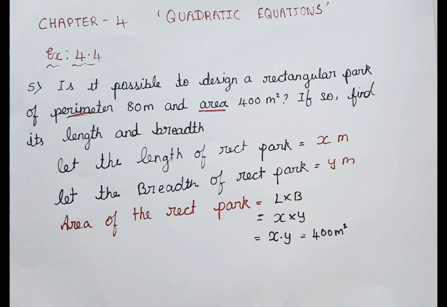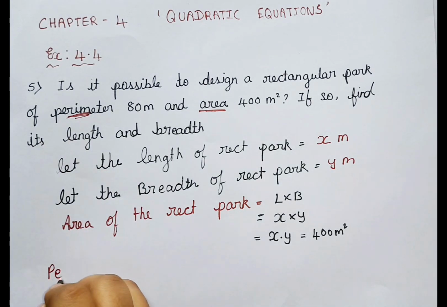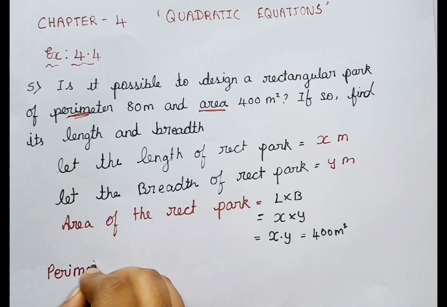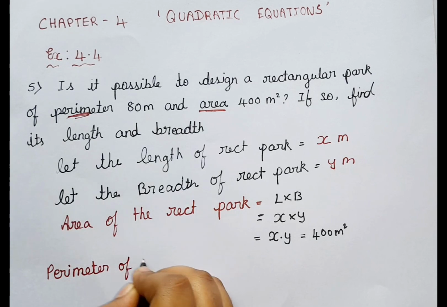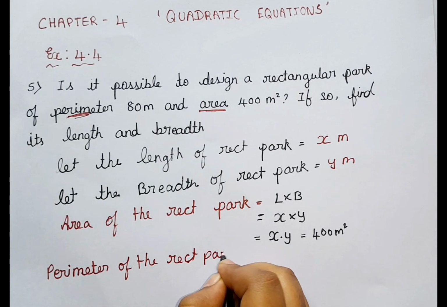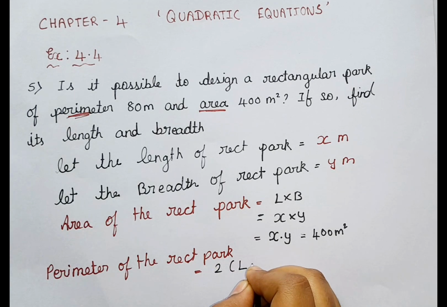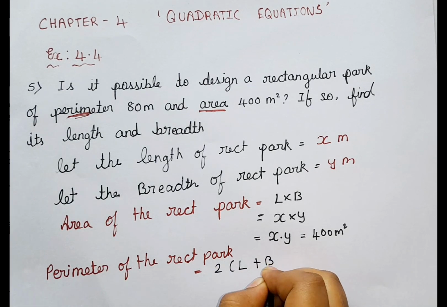Then they are talking about the perimeter of the rectangular park. What is the perimeter of a rectangle? The perimeter of a rectangle is 2 bracket L plus B, close the bracket.